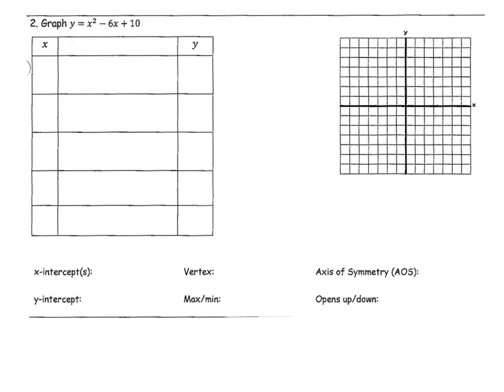Find the vertex first. A is 1. B is negative 6. C is 10. Vertex. X equals negative 6 over 2 times 1.